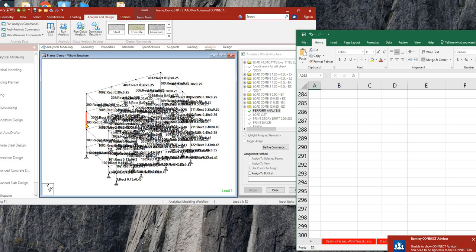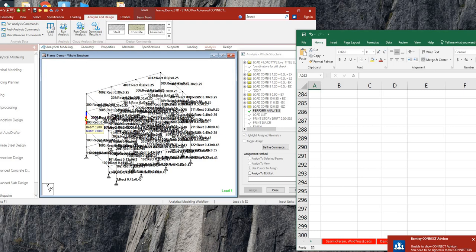Sa column naman, kailangan pasado rin siya sa maximum moment tsaka axial load. Okay? Sa RC, kailangan mag-produce tayo ng interaction curve. Okay? With axial load, meron siyang corresponding na moment.